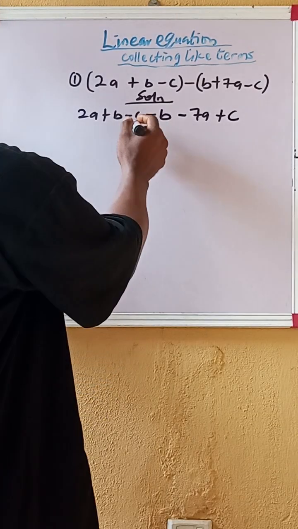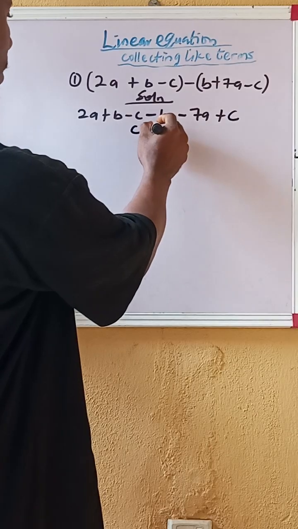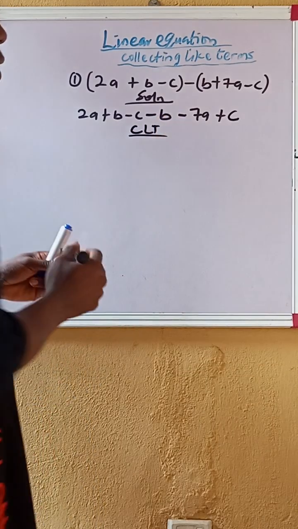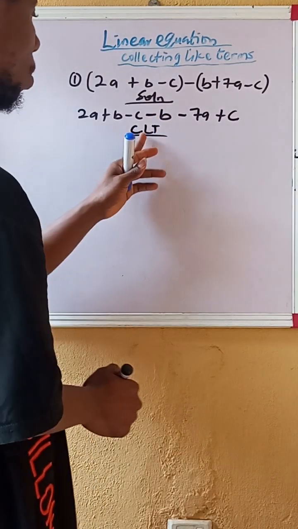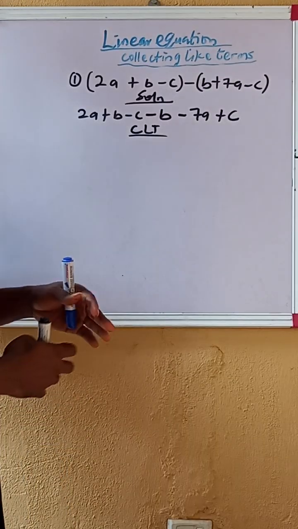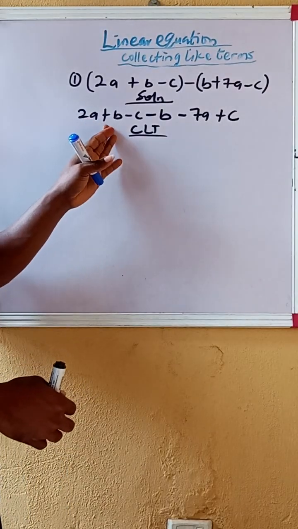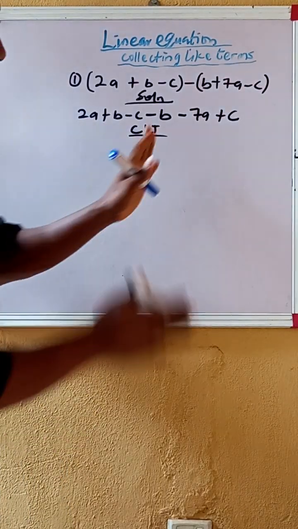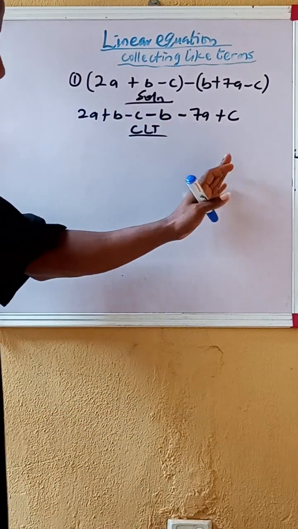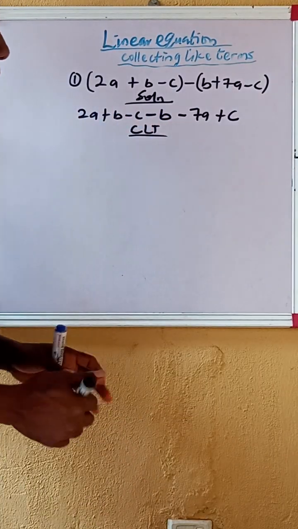So what we are going to do is to collect like terms. What we are going to do is take all the values of a to one side, all the values of b to one side, all the values of c on one side.